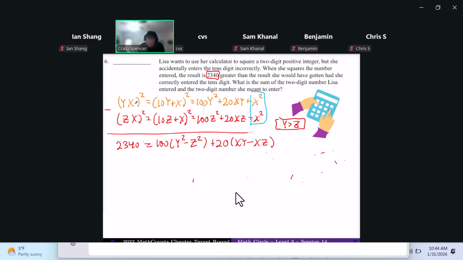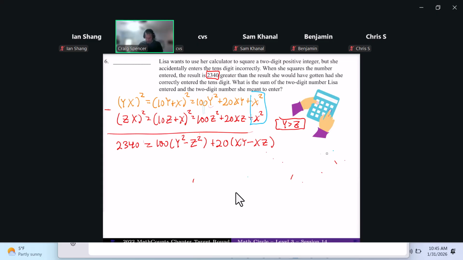So the difference between the two squares was 2340. The difference between 100 times the tens digit squared, 100 times the tens digit squared would be this, and then we also have these 20xy and 20xz when I expand that out.